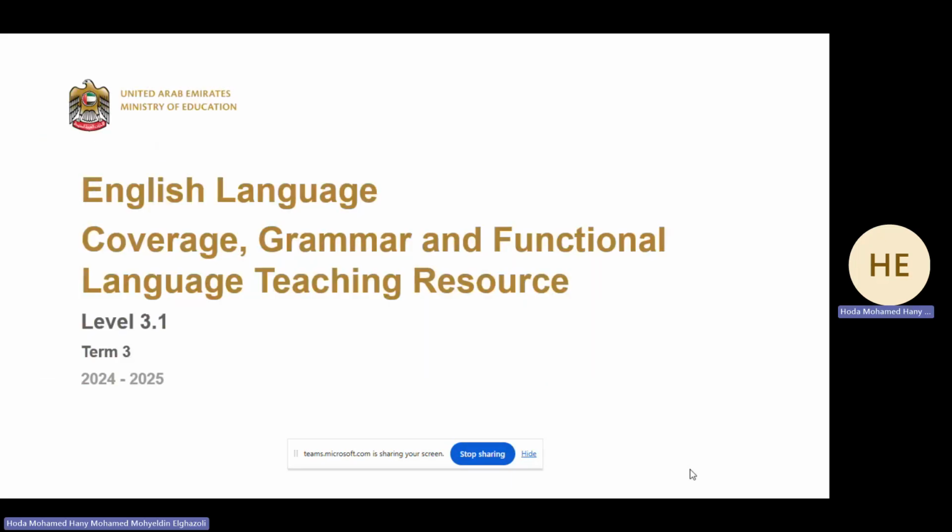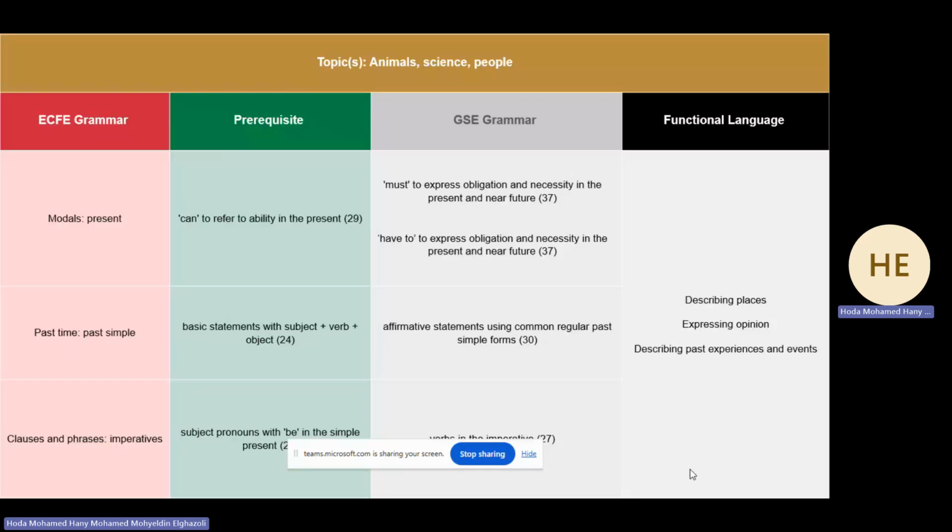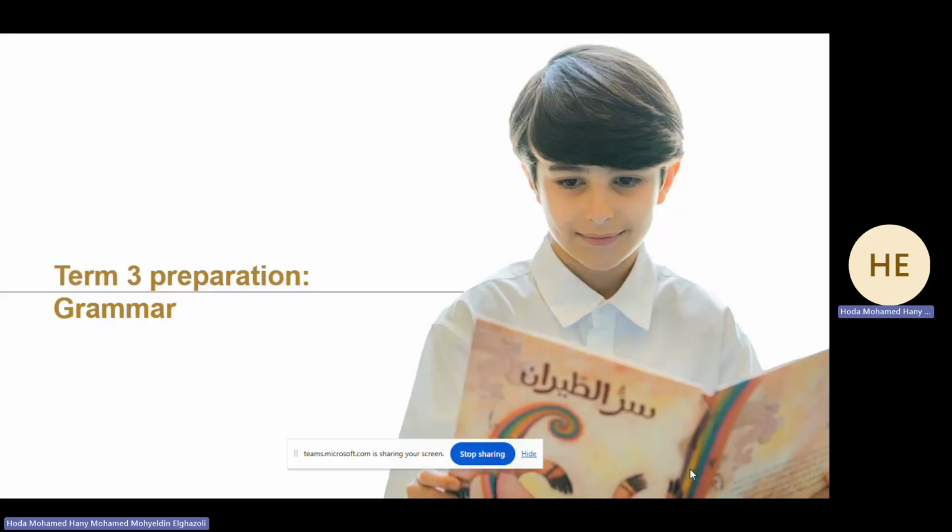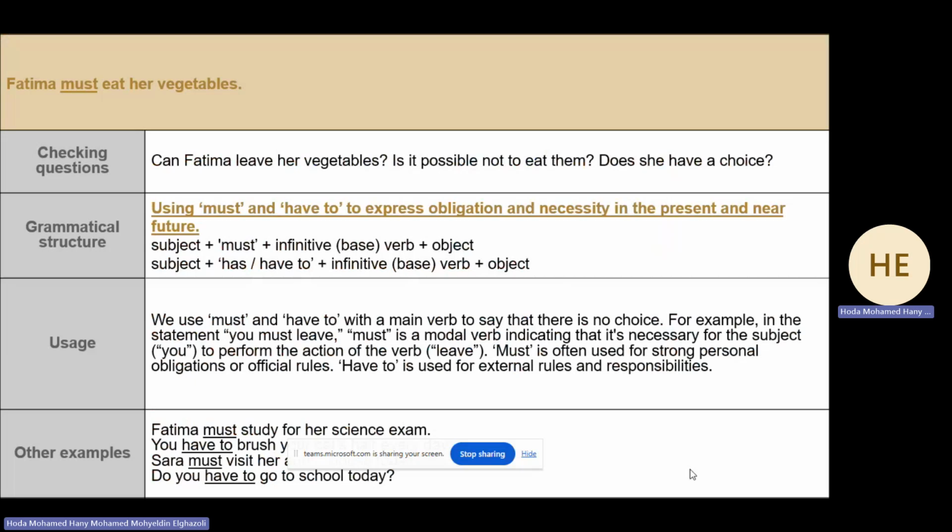Let's dive deep into the language coverage in terms of grammar and functional language. For grammar, as we discussed, it's going to be modals, past simple, and imperatives. We use must and have to with a main verb to say that there's no choice, something that you have to do.